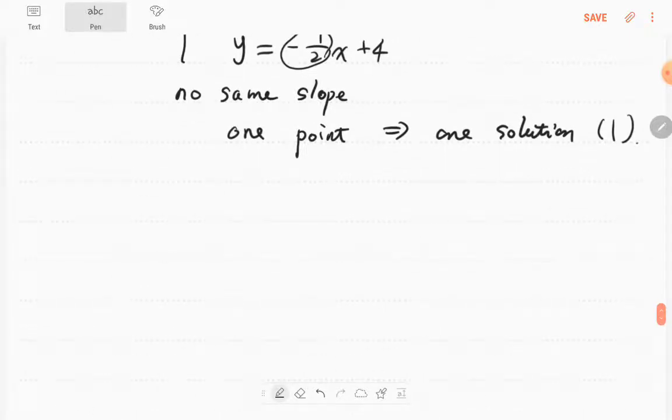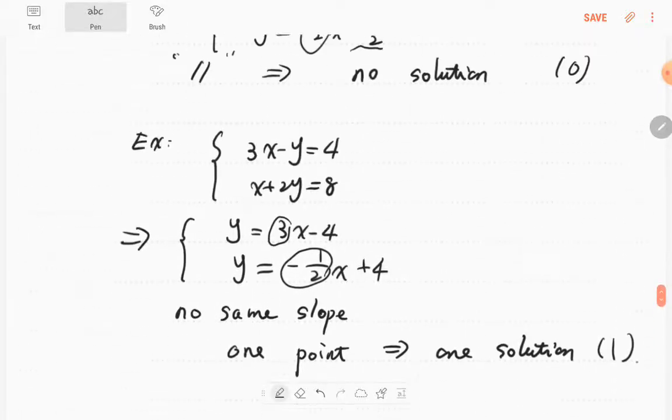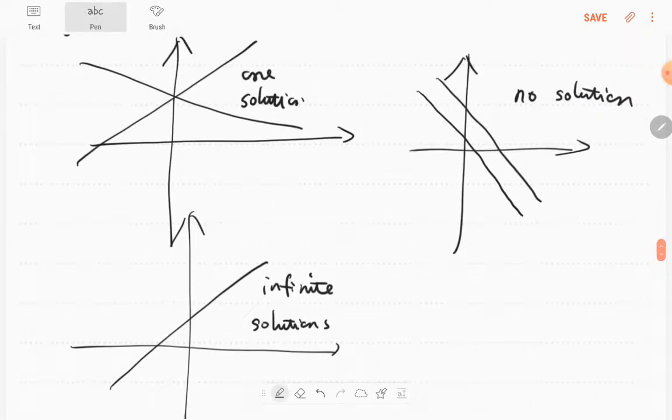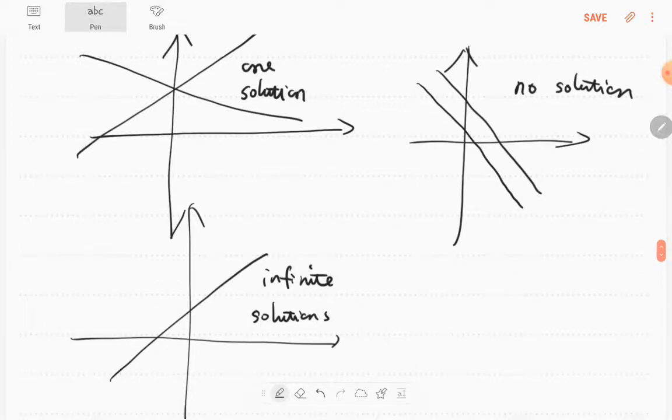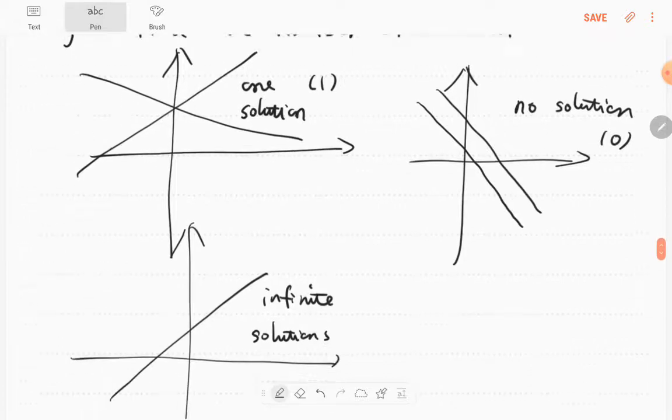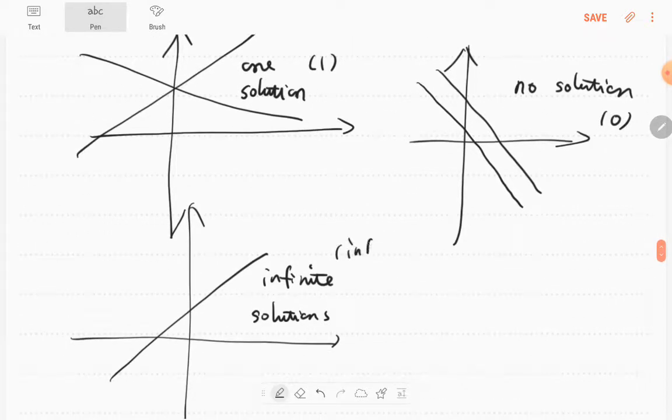Of course, if we find the two equations are exactly the same slope and same intercepts, then our conclusion will be the number of the solutions is infinite. So we total have 3 possible conclusions, 3 possible answers, right? 1, 0, and infinite.